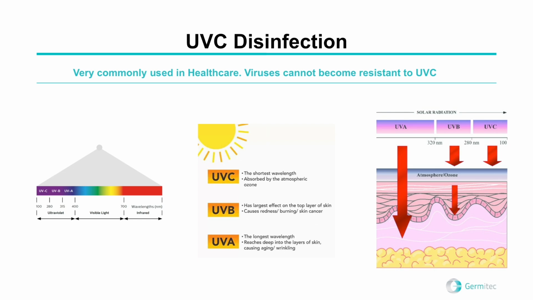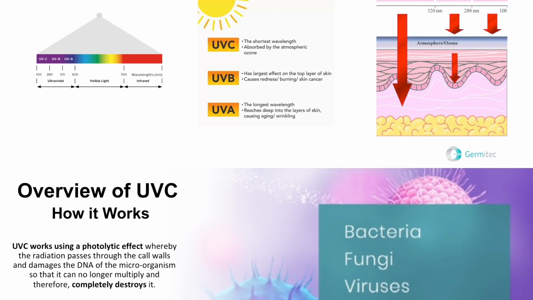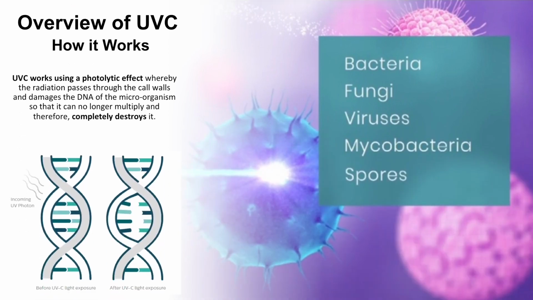So for those of you that aren't aware, UVC disinfection uses UVC light. We all might have heard of UVA and UVB. That's what we apply our sun cream for. But UVC is actually absorbed by the atmosphere, so that's why we recreate it. And the reason for that is UVC uses a photolytic effect, whereby the radiation passes through the cell walls and damages the thymine bases within DNA.